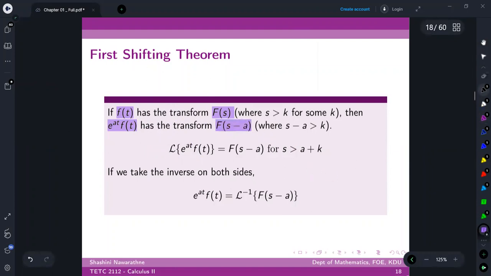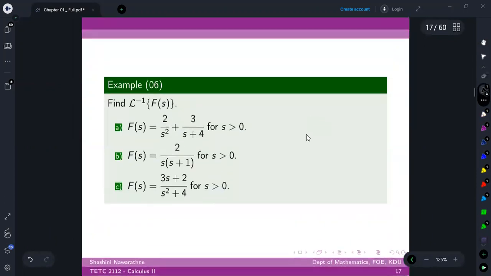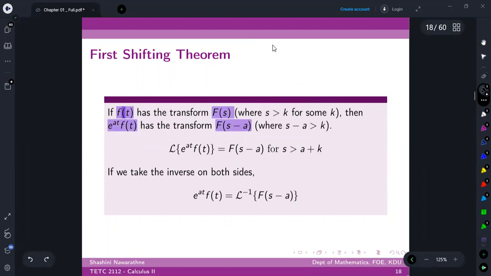So if we summarize this, let's say we have a function f of t, and if we consider the Laplace transform of this function f of t, it is equal to capital F of s.